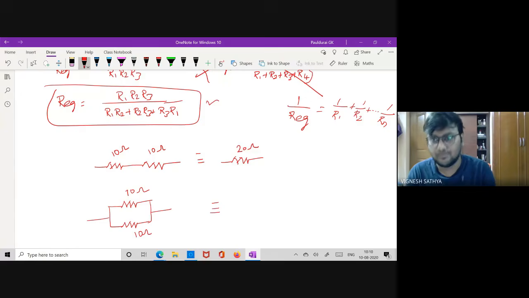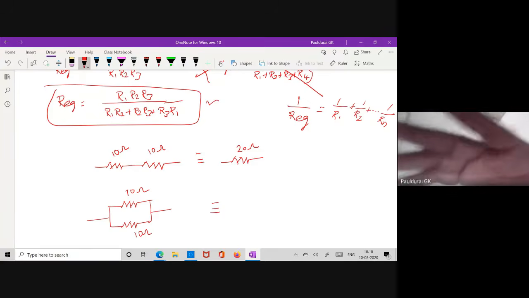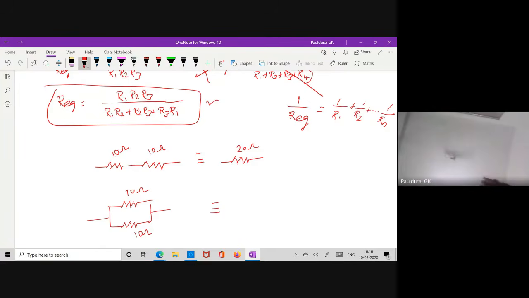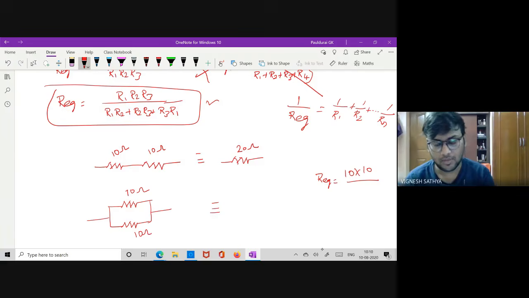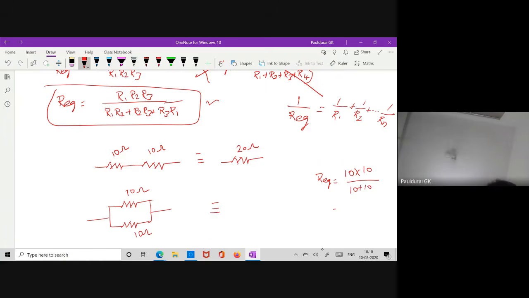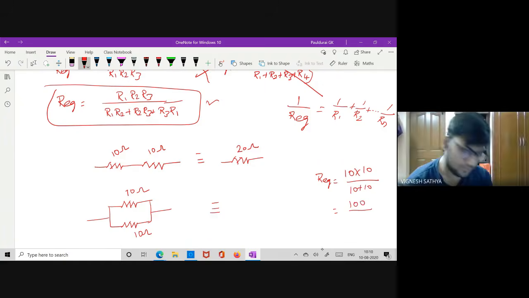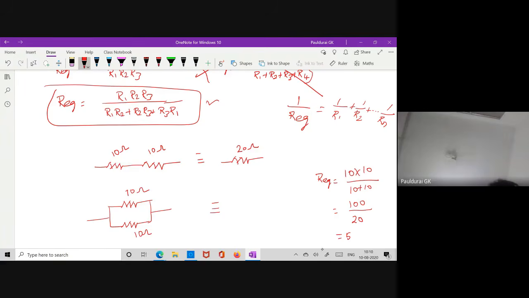Double ஆயிருக்கு இல்லையா? Same if you will connect two in parallel, what will happen? You know R1 R2 divided by R1 plus R2, right? So R equivalent is equal to 10 times 10 divided by 10 plus 10. What is this? 5. What is happening?